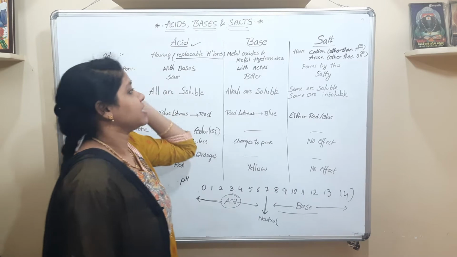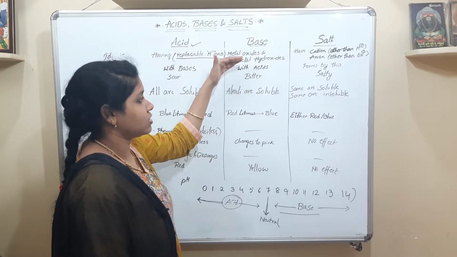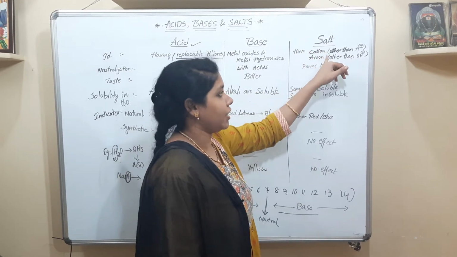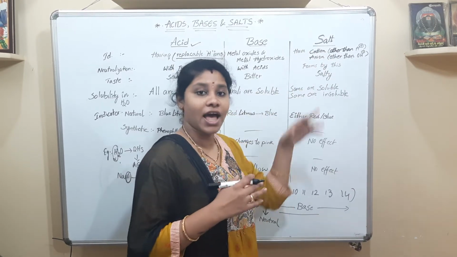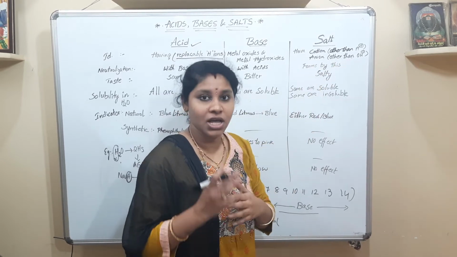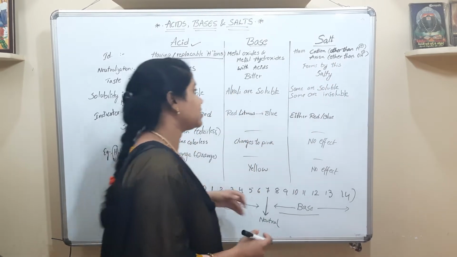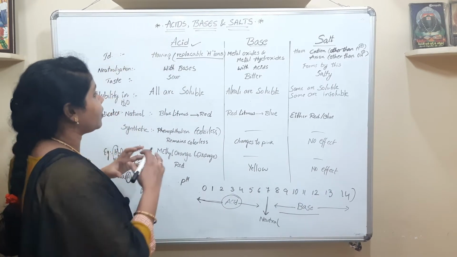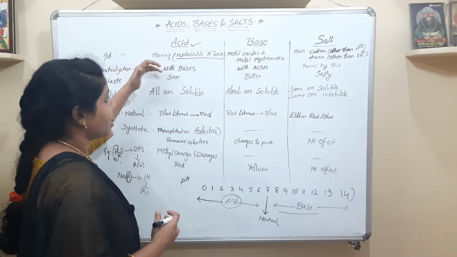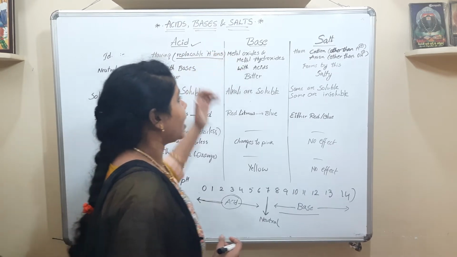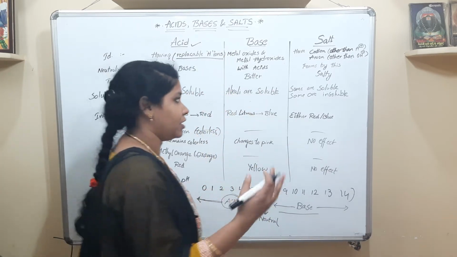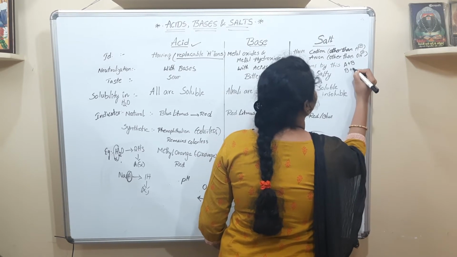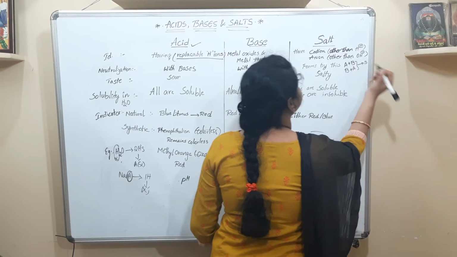Next, coming to bases, the metal oxides and metal hydroxides come under the category of a base, and the compounds which have cations other than H plus and anions other than OH minus are known as salts. Next, what is neutralization? When an acid is neutralized with a base, or a base is neutralized with an acid, both of these combine to form a salt.